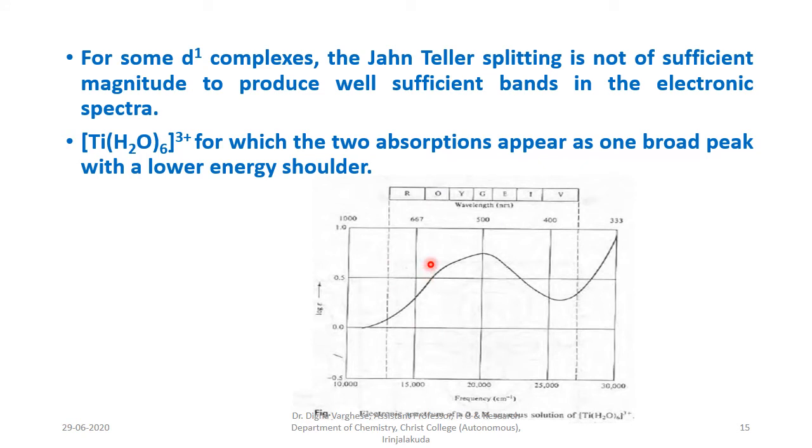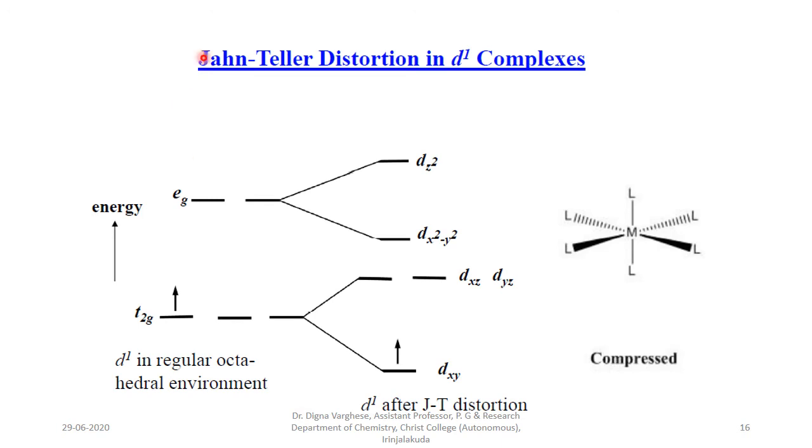This is also due to the tetragonal Jahn-Teller distortion in d1 complexes.